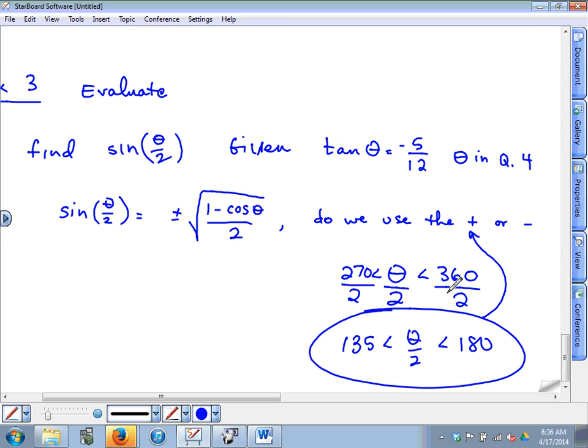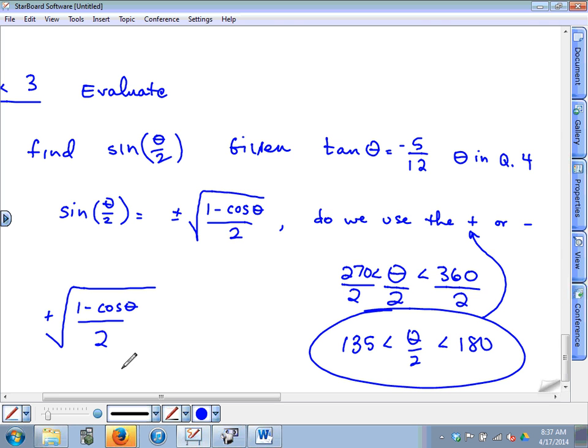We have to use the positive version of this formula, because theta over 2 is in quadrant 2. Following? So that means we're going to use the positive square root of 1 minus cosine over 2.